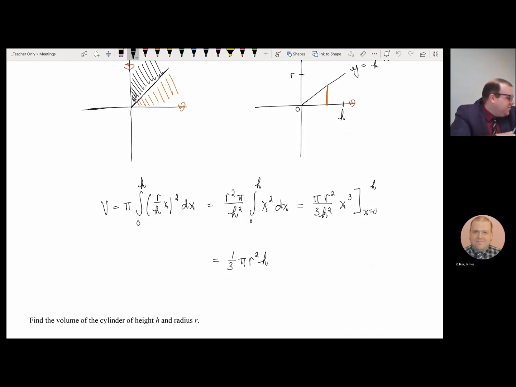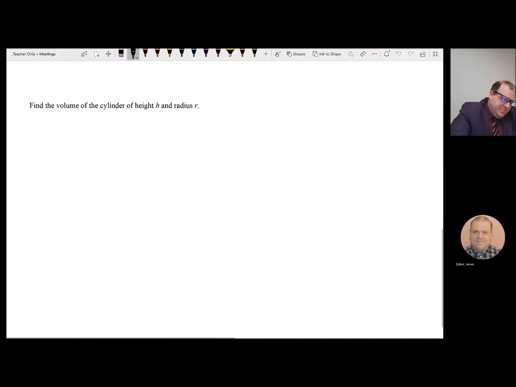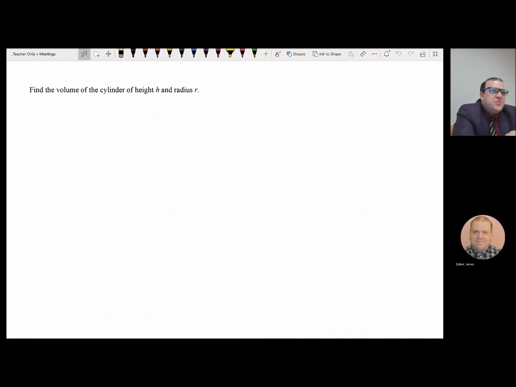I'm going to look at a cylinder, specifically a right circular cylinder, that has radius r and height h.